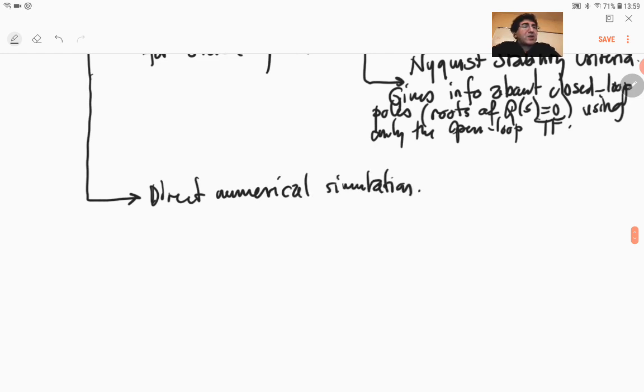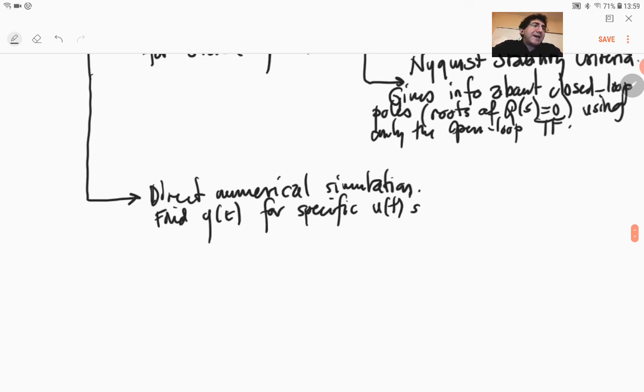You can call this trial and error because what this means is that you give certain values to some system parameters and you find y of t for specific u of t's and system parameters.